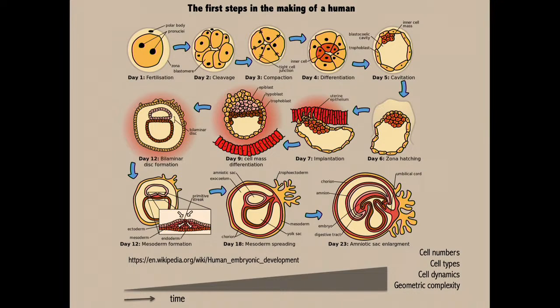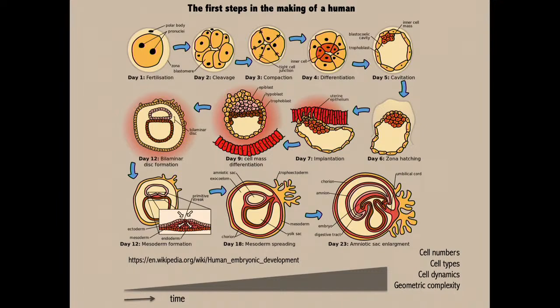So formation of cavities, which become more numerous as development goes on, is also a common modular theme, as are the formation of loose aggregates and their compaction and the formation of layers. So I've defined 4 modules here. One is the formation of an aggregate, loose aggregate, a compact aggregate, formation of layers, the formation of cavities.